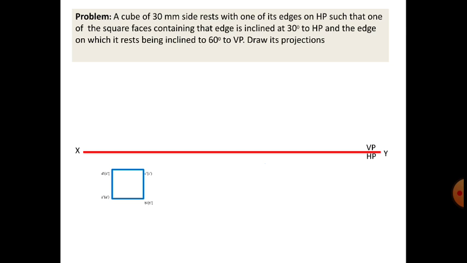Once we are done with drawing the square, we will draw the front view of this square by projecting the lines A dash, B dash, C dash and D dash. Once we project these lines, we can easily get the front view: A dash, D dash, B dash, C dash.